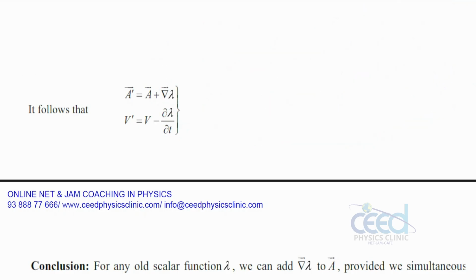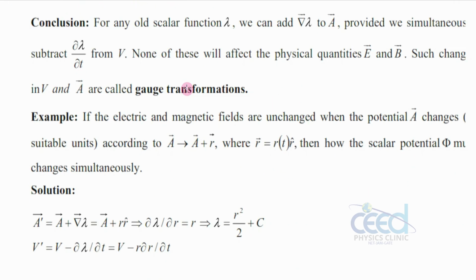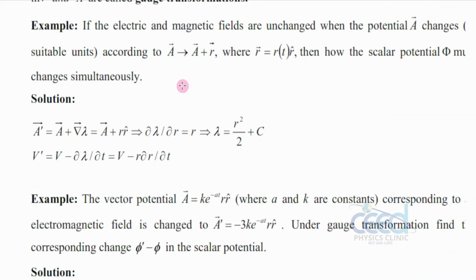Now let me do some problems based on this. Before that, see, gauge transformation by giving del lambda and dou lambda by dou t shows the condition under which the fields are invariant. Now see, A changes to A plus r, where r is given as r of t r cap, right? R is a vector.